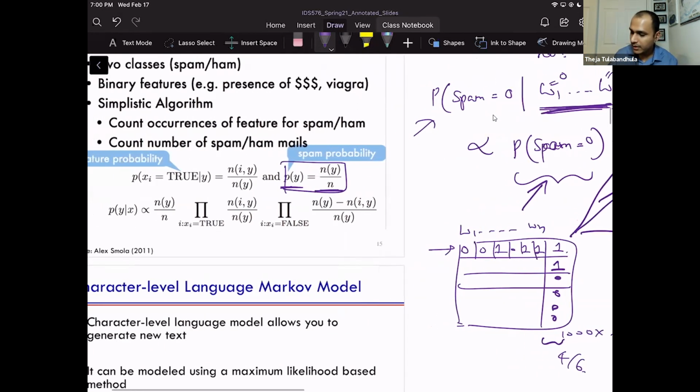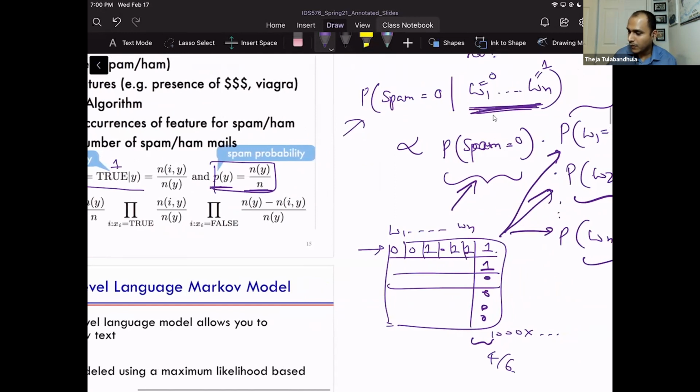Similarly, the probability of wi equal to true, basically, let's say 1, given spam. You can just find, tell me whichever rows y was equal to 1, which is spam equal to 1. In those rows, in how many locations was w equal to 1 or 0?